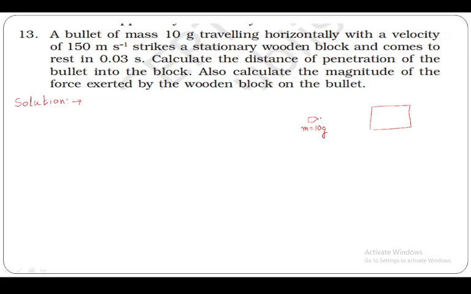A bullet of mass 10 gram travelling horizontally, and its velocity is 150 meter per second, that is the initial velocity u. It strikes a stationary wooden block and comes to rest in 0.03 seconds. Suppose it goes a certain distance and stops here.